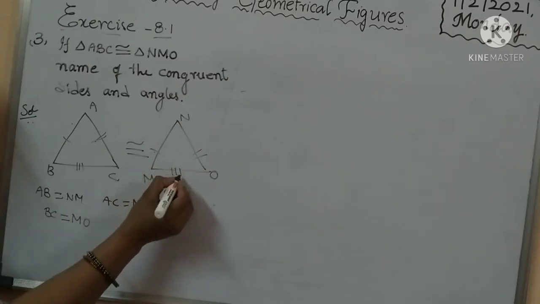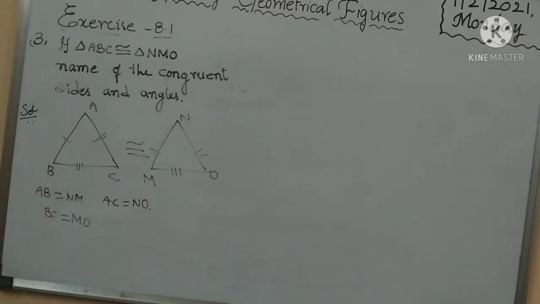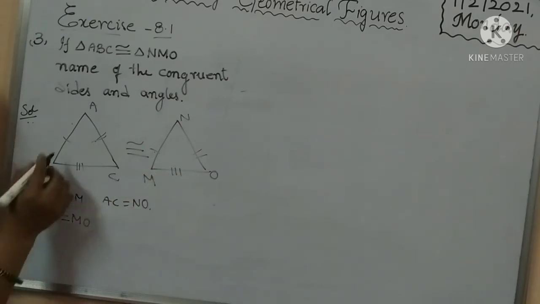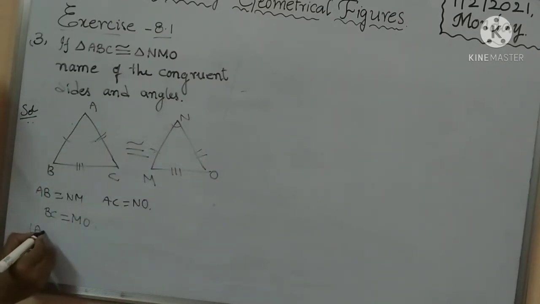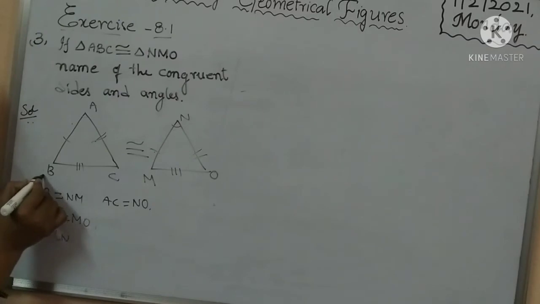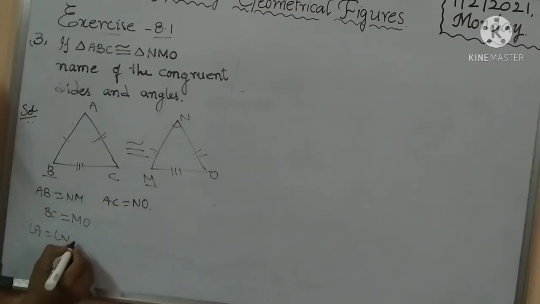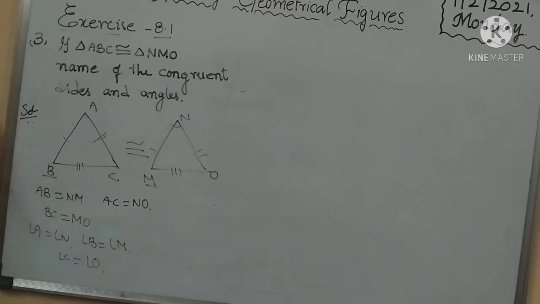These are the sides. Okay. Next, angles. Angle A equal to angle N. Angle B equal to angle M. And angle C equal to angle O.